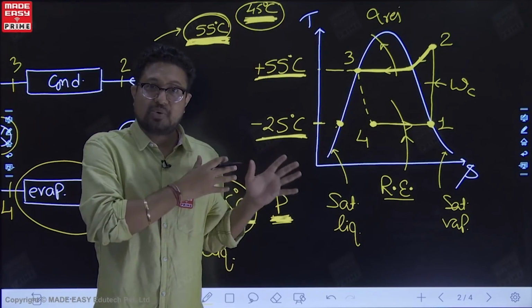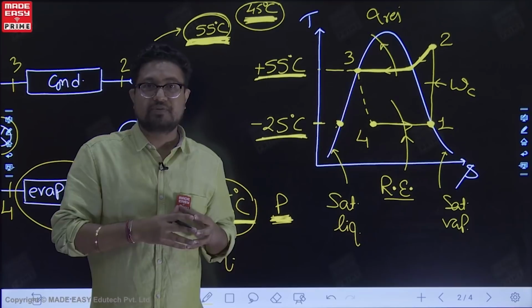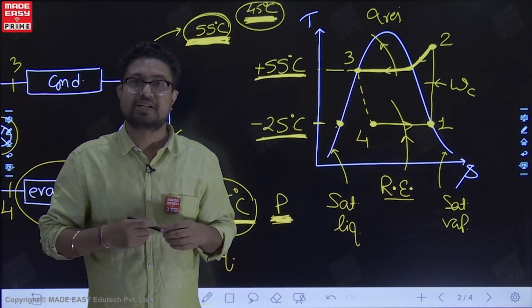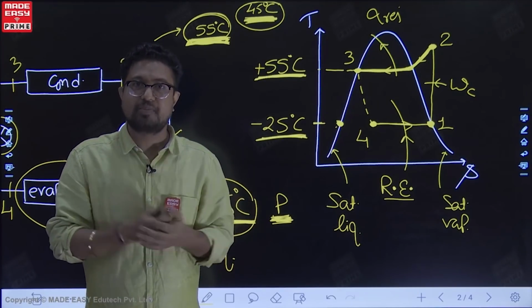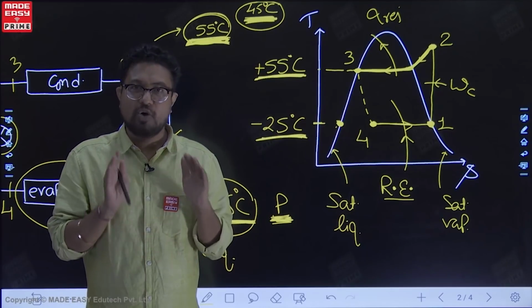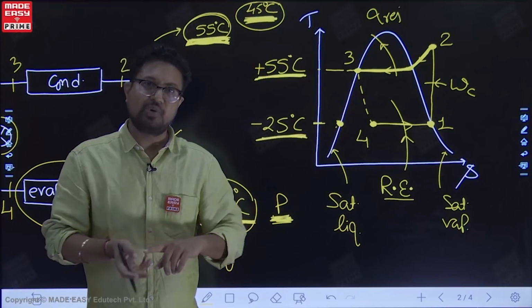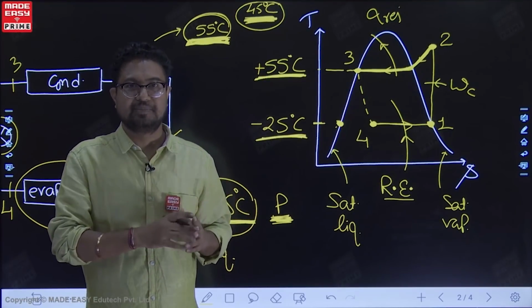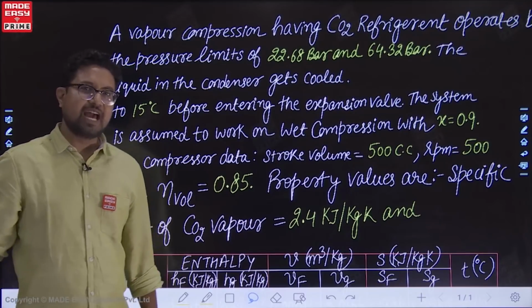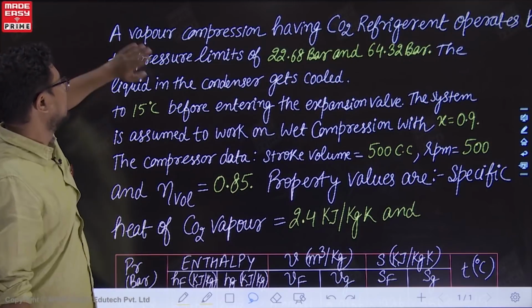So because now we will do a lot of discussion based on vapor compression refrigeration system, we'll solve a lot of problems based on this. So I hope you have understood how to obtain cooling. Now let us come back to the problem. So here we have this problem.